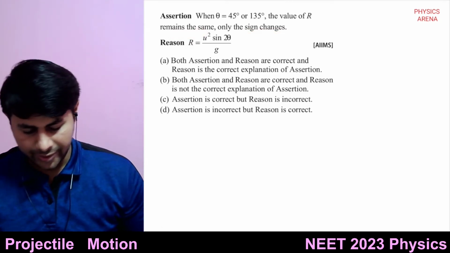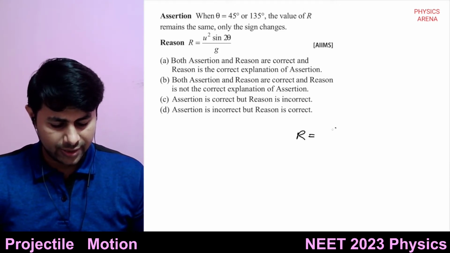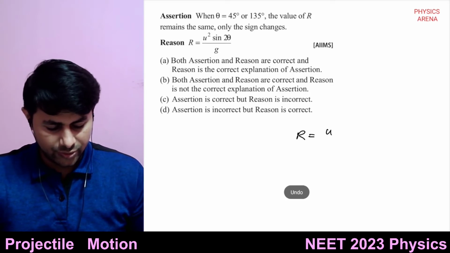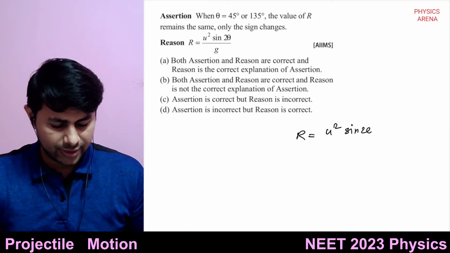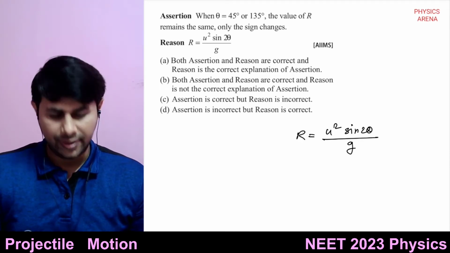Okay, I forgot to tell you one thing. So what is r? It is u square sine 2 theta divided by g, right?